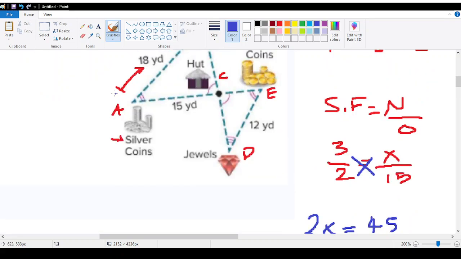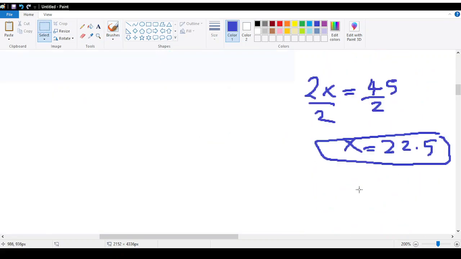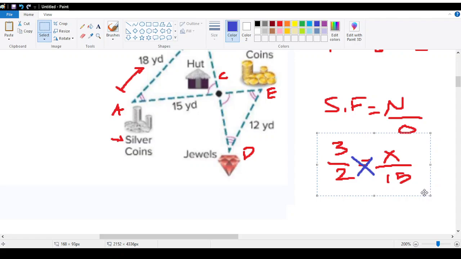I made a mistake here. Sorry. I should flip these two. The new, I'm going to rewind. Here, when we say scale factor is the new over old, 3 over 2.